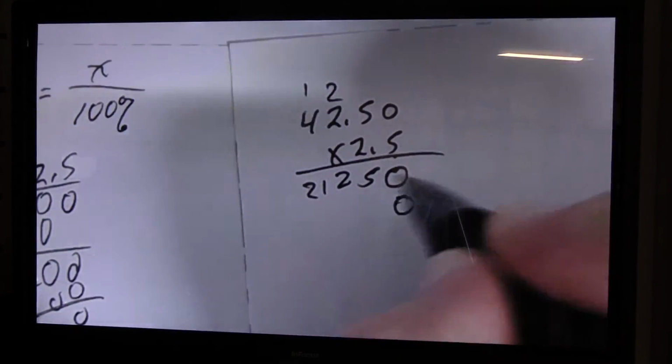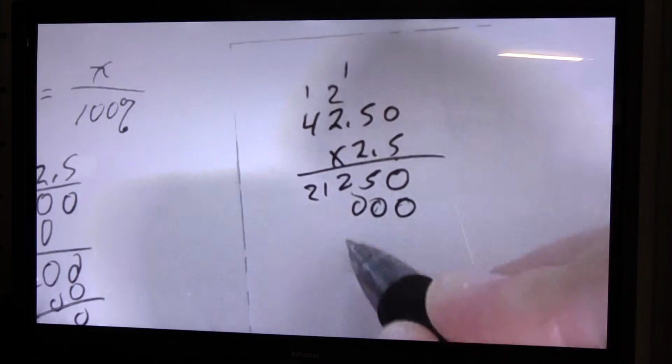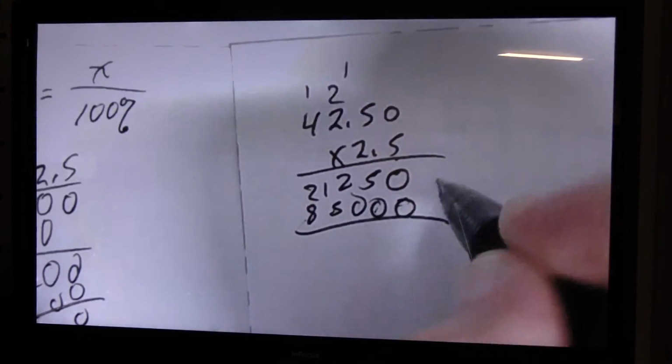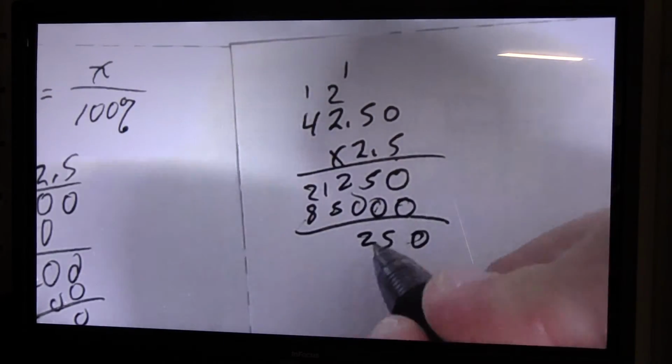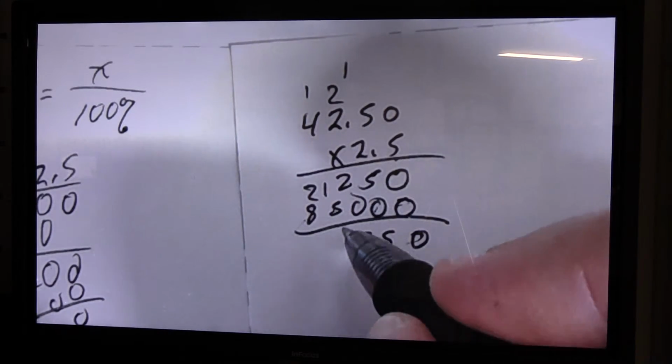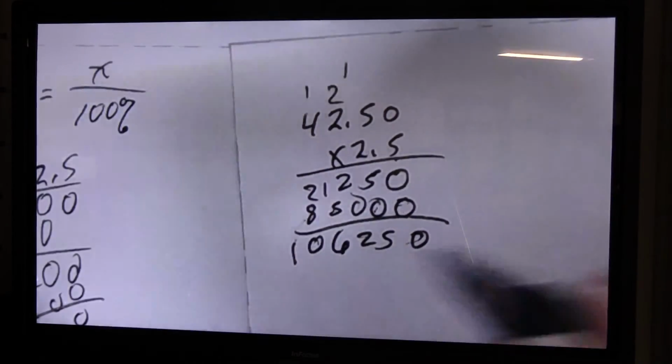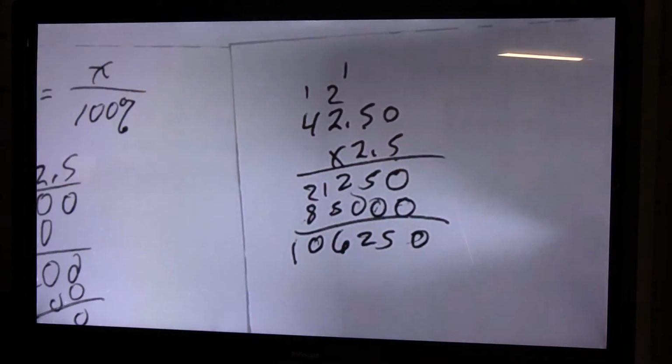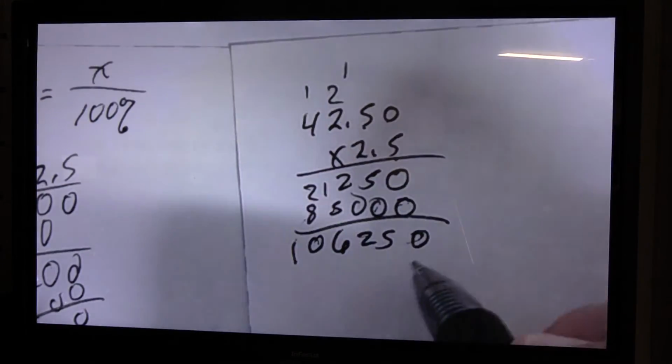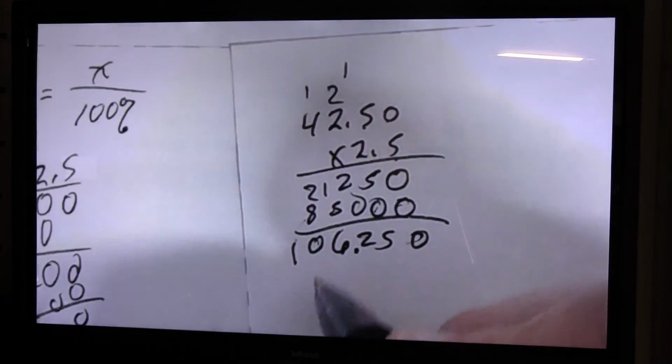I'm going to put a placeholder. And I have 1, 2, 3 digits to the right of my decimal point, so I have to have 1, 2, 3 digits to the right of my decimal point.